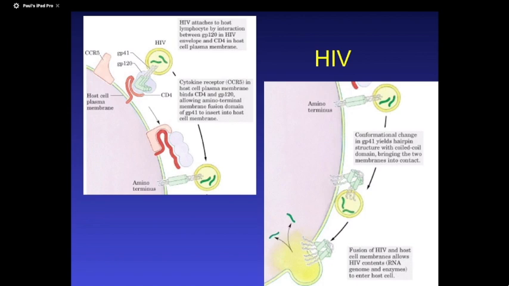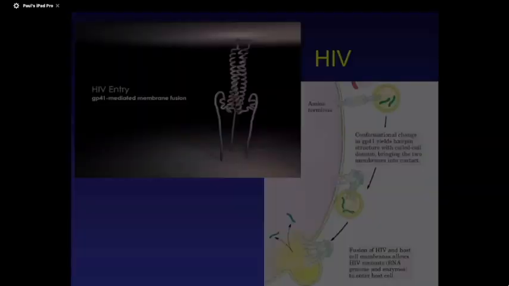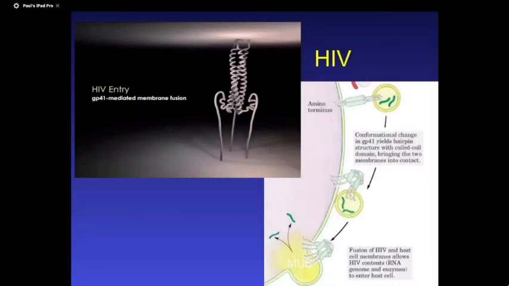And when the protein GP41 gets on the inside, see those little pieces of protein that are on the inside? They start interacting with what's inside, causing a structural change in that protein, which brings them close together. Let me show you what that looks like, actually. Here's the mediated event. I'm sorry, it was GP41, not 120, that actually made the binding. Here on the top is the virus, and on the bottom is the T cell.